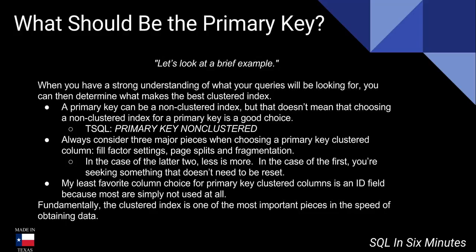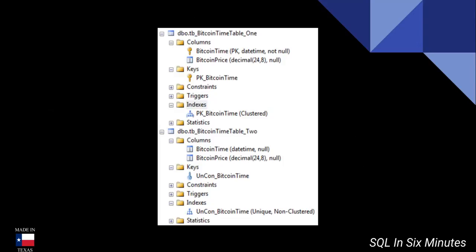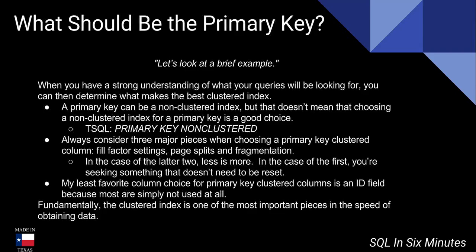Okay. So the point, going back to this, is that adding a clustered index primary key as an ID does not give me any wins for what I'm going to primarily be using this table for. It's primarily going to be the Bitcoin time. Now, we all know, or most people I should say know, that the Bitcoin price is not unique.